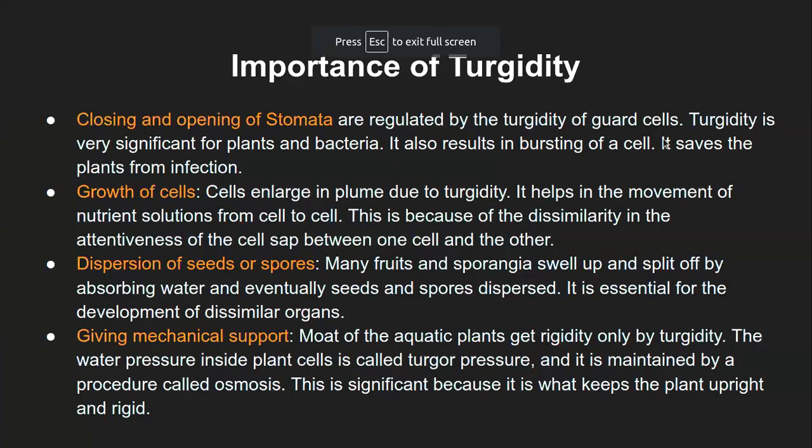So what does this mean? Let's say a plant tissue is infected by bacteria, so bacteria will also be present. Water is going to come inside and water will enter the bacteria, right?